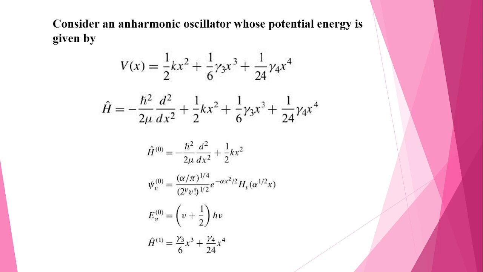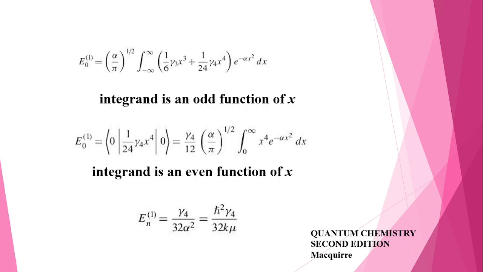This is very well known: for the harmonic oscillator, the vibration energy is (v + 1/2)hν, where v is the vibration quantum number. Even if v is 0, there will be a zero point energy. And suppose you solve it for H1, then you will end up with these two equations.